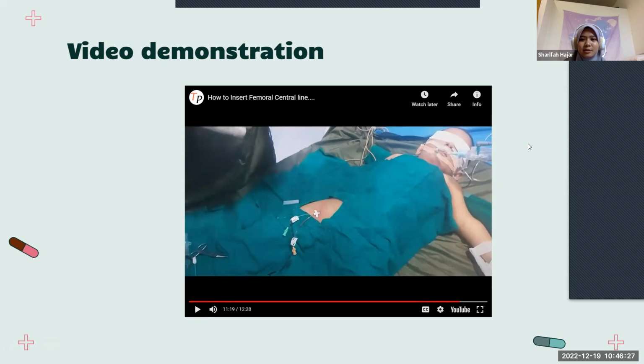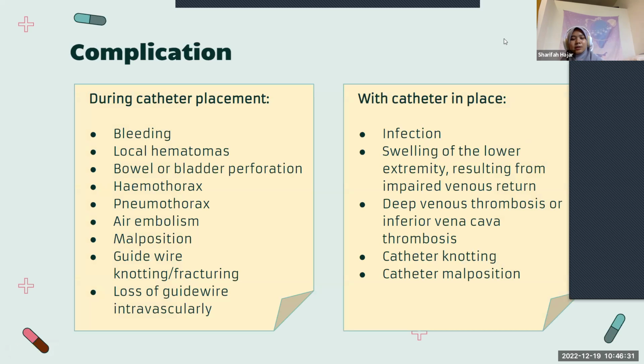Okay, so next, for the complications during catheter placement, there can be risk of bleeding, local hematoma, bowel or bladder perforation in femoral, and pneumothorax, commonly in the subclavian site, and then malposition and air embolism.